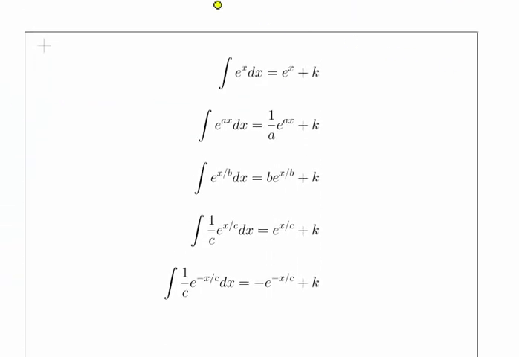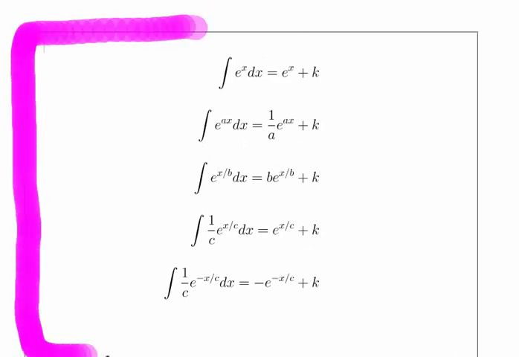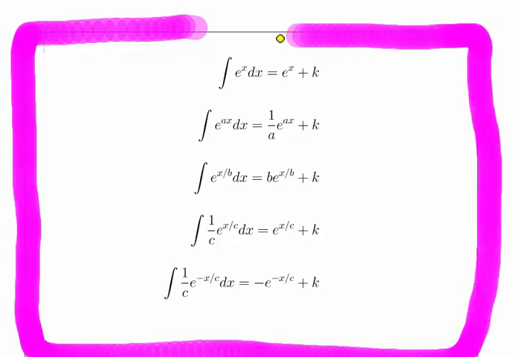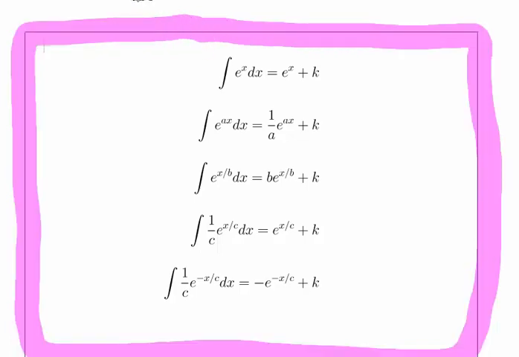Now, just as a quick remark, particularly in the case of exponentials, which will come up in a lot of the more introductory examples relating to reliability analysis and survival functions, we will have integrals of functions that are essentially exponentials, e to the x, e to the power of ax, and so on.